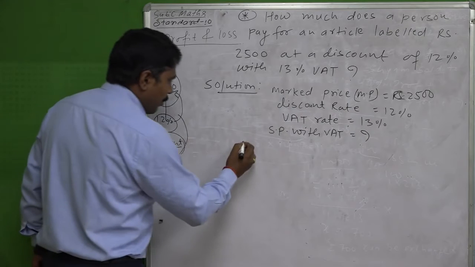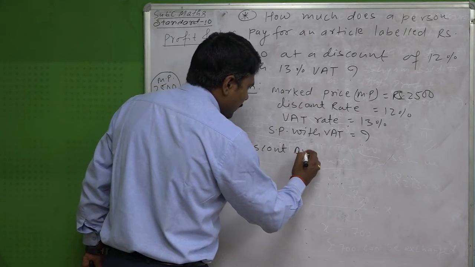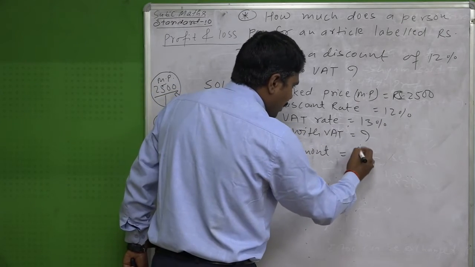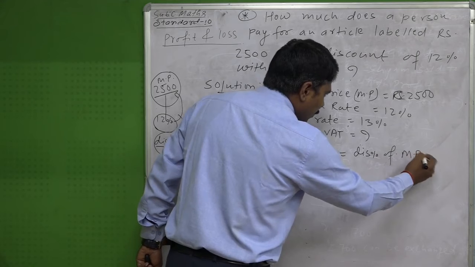Now the discount amount you can find easily. Discount amount means discount percent of the marked price.